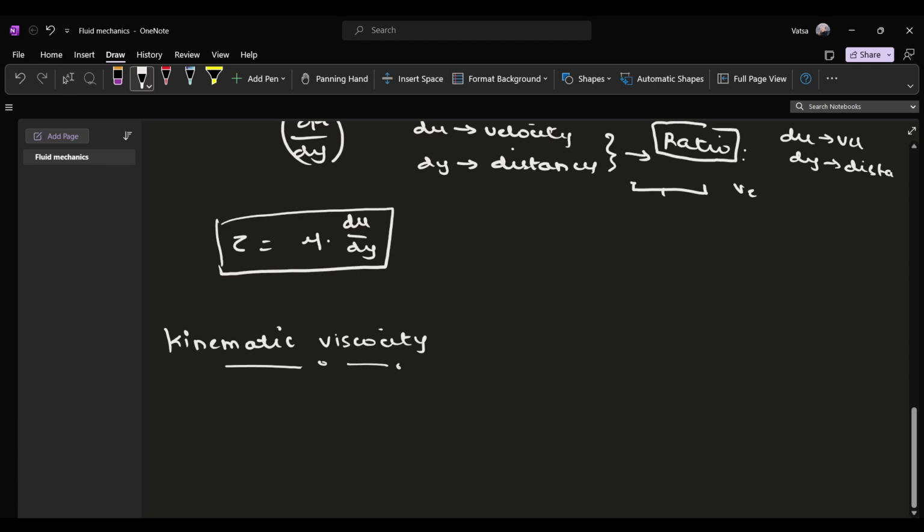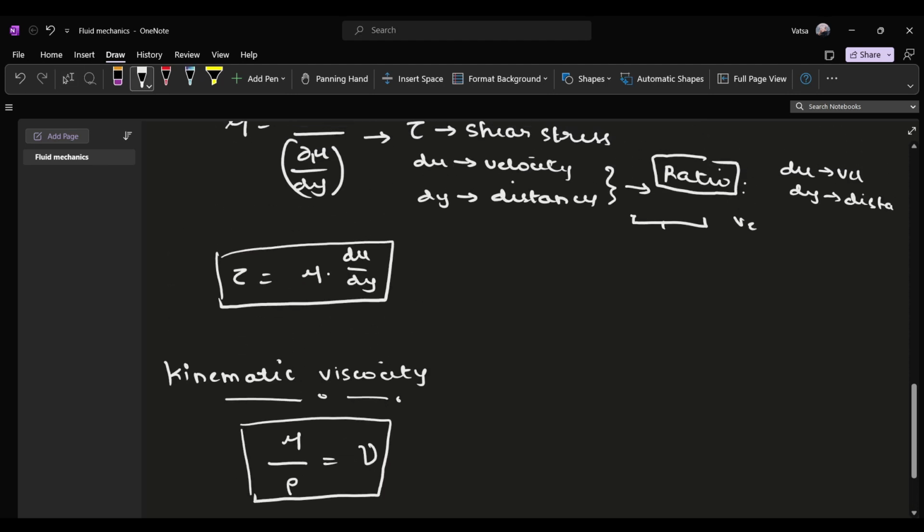So it is just mu by rho. That is given by this. So kinematic viscosity is just mu by rho. Hope that's clear. So probably we should be doing some questions, but I'll take a little bit more and start with the questions then. So now we can go for surface tension.